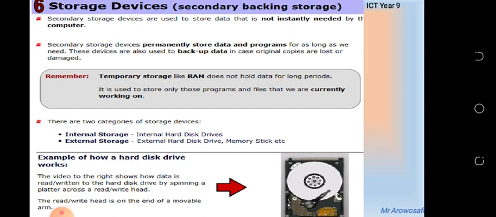Though for secondary backing storage, it can also be divided into two. Internal storage, that is the one you can find inside, that is the hard disk that you can find inside, that is the inbuilt one. Then the external storage, which is the external one, the one that you can remove. We call it movable hard disk.